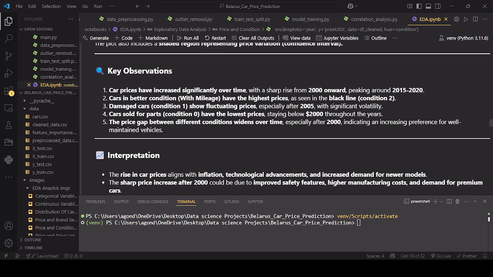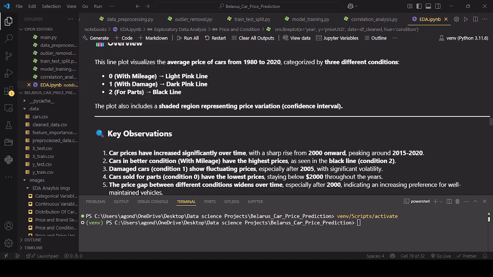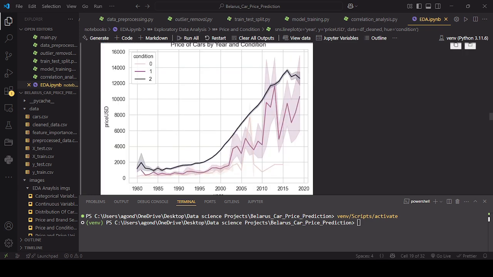Car prices have increased over time with a sharp rise from 2000. Right here you can see its price started to increase by the year 2000, like crazy. And it also shows the market crash.